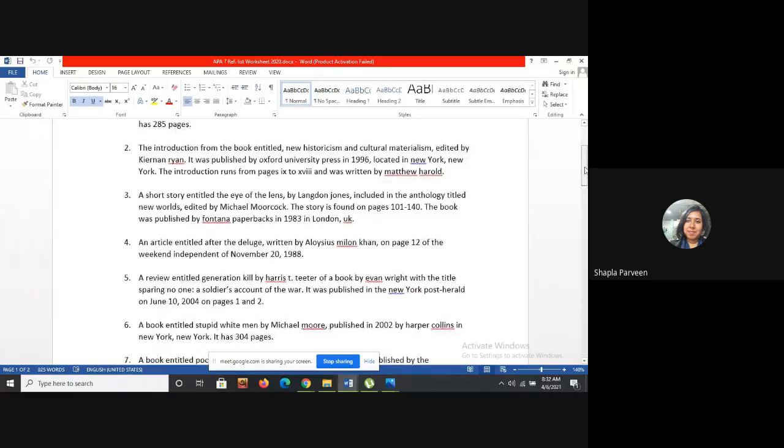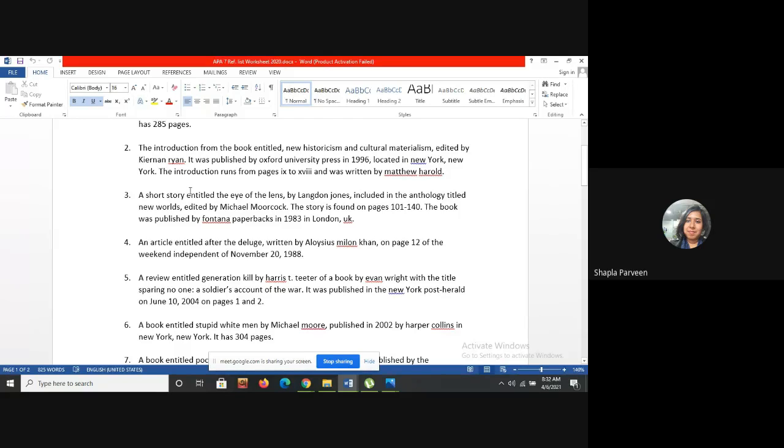Okay, the second one. An introduction from the book entitled New Historicism and Cultural Materialism, edited by Kiernan Bryan. It was published by Oxford University Press in 1996, located in New York.